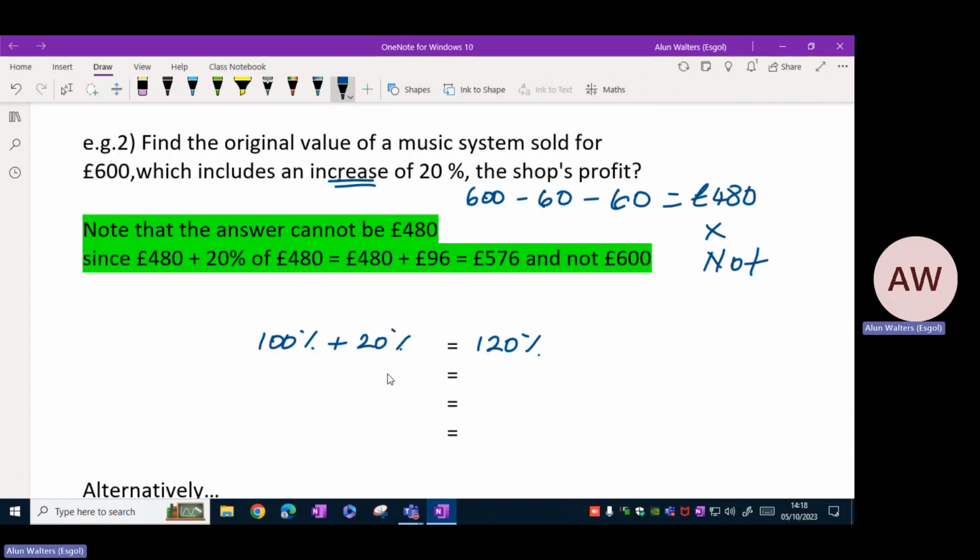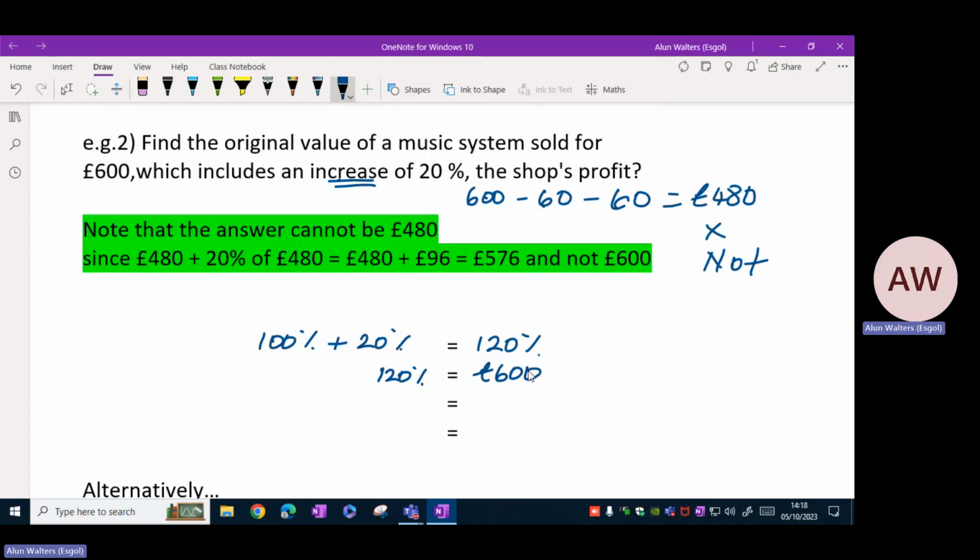So I'll say, therefore, 120% of the original value is £600. That's the key to it. It's an increase, so you're saying 100% plus 20% gives you 120%, and the 120% is worth £600.